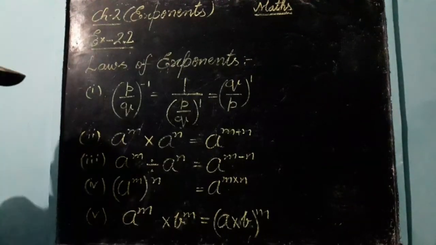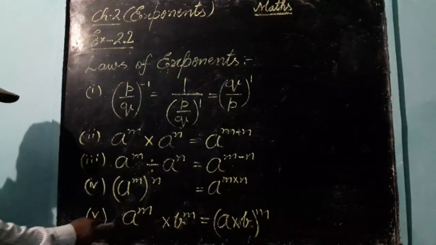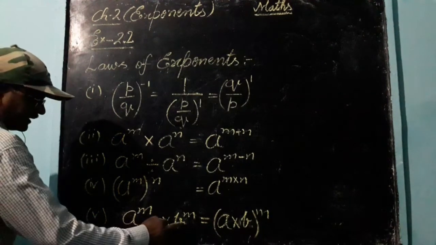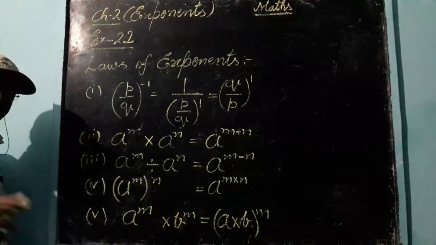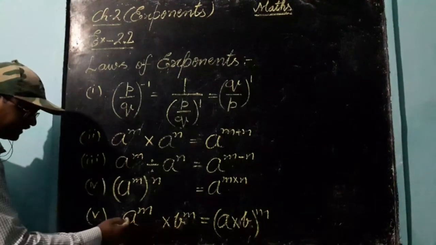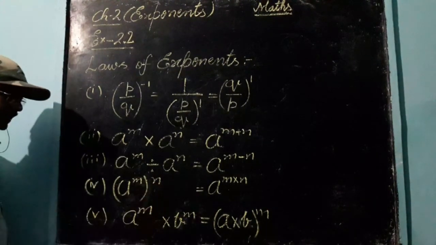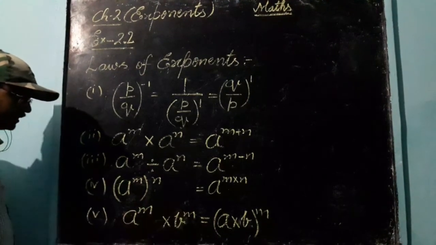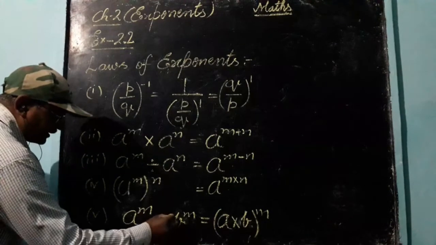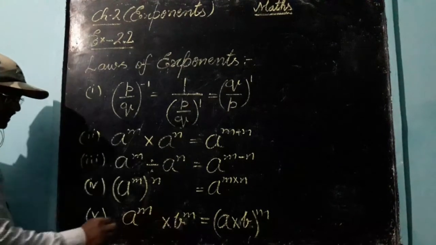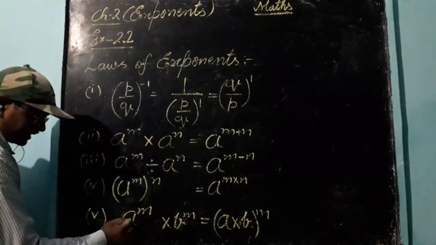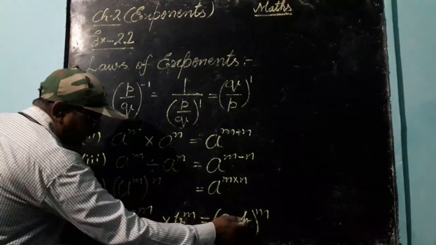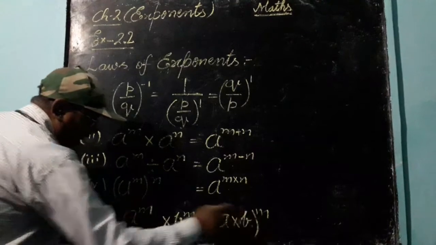Clear? And now in fifth rule, base a to power m into base b to power m. If the bases are different, here a and there b, both are different, but the exponents are the same, due to multiplication, in that case you write base into base, that is a into b to whole power m.